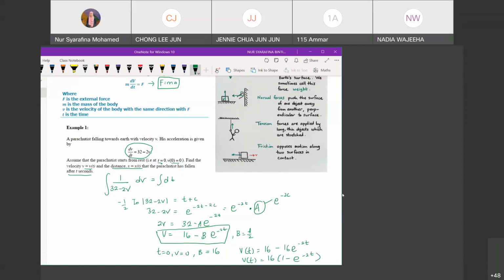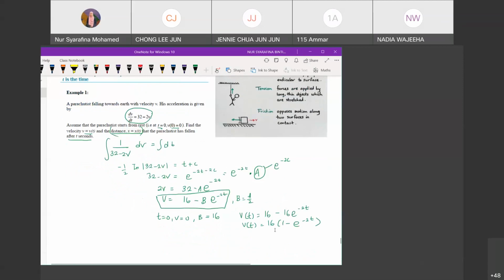And then you want to find distance. How can you find distance? How can you find x? Yes, you need to integrate v to get x, because velocity is the change of distance over time.